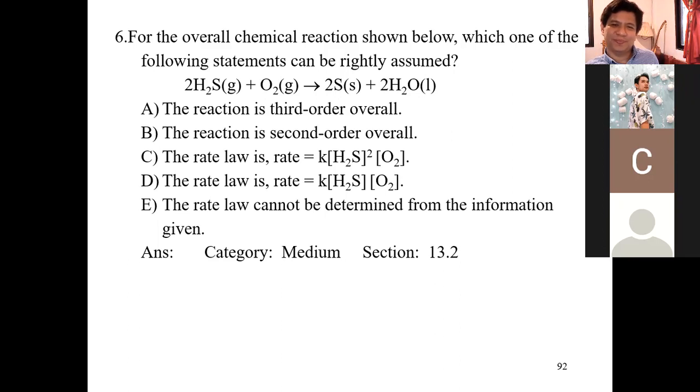Yep. Okay. Palagay mo, anong sagot? Ang letter B? Yeah. I'll give you another chance.